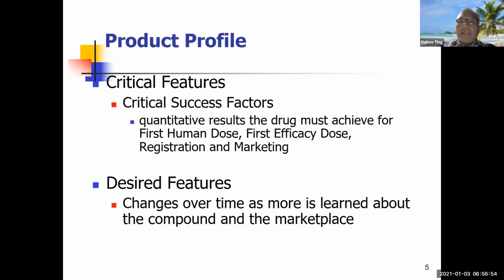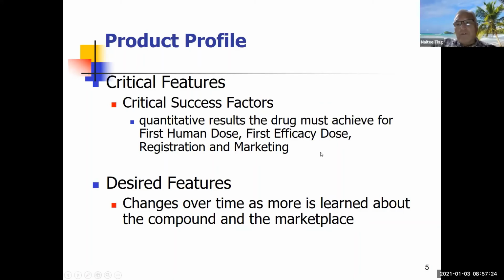So a target product profile, which is a draft label, is something we have to come up with before you develop this drug, before it even moves into clinical development. This target product profile has to have two features. Critical features are more about approvability, or clinical success factors, like quantitative results the drug must achieve for first human use, first efficacy dose, registration, and marketing.